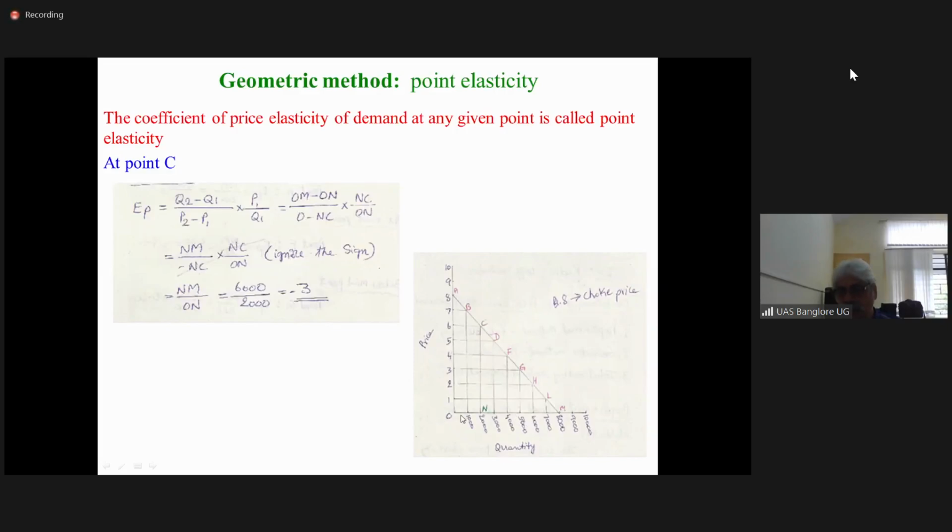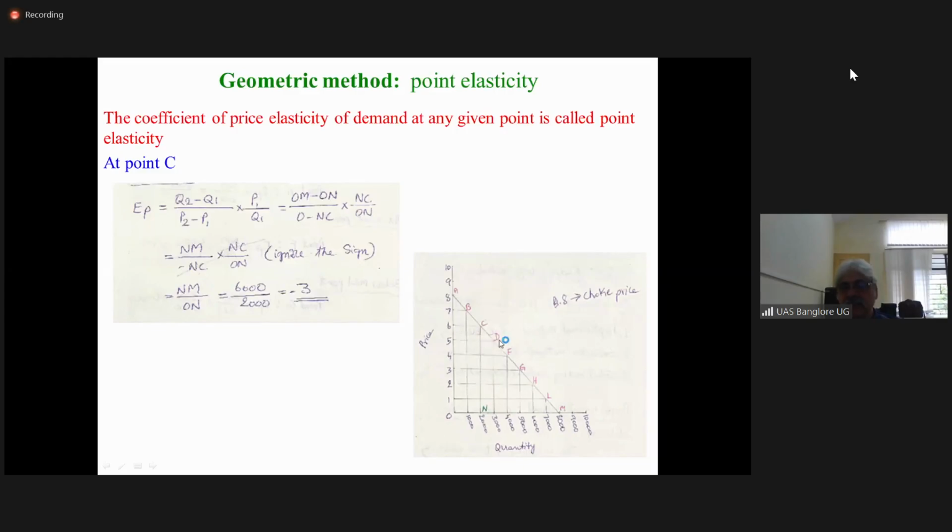The new price is 0, or O. So O minus the original price. The point is C, so it is NC. NC is the price, equal to 6 rupees.